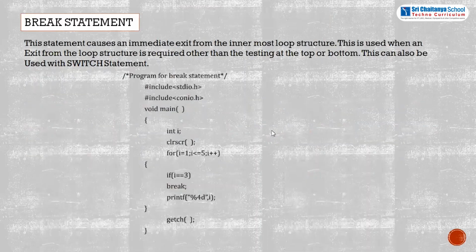Now let's see the break statement. Hope you remember this break statement from when we learned the switch statements. The break statement causes an immediate exit from the innermost loop structure. This is used when an exit from the loop structure is required other than the testing at the top or bottom. This can also be used with switch statements, as I told you previously.